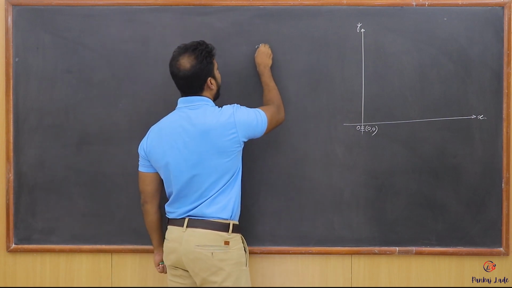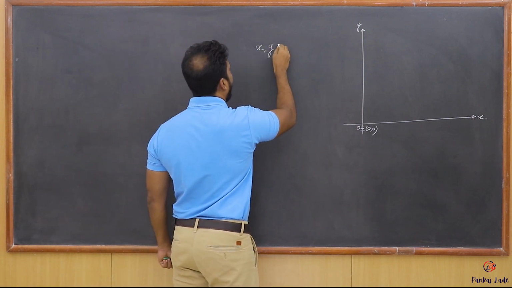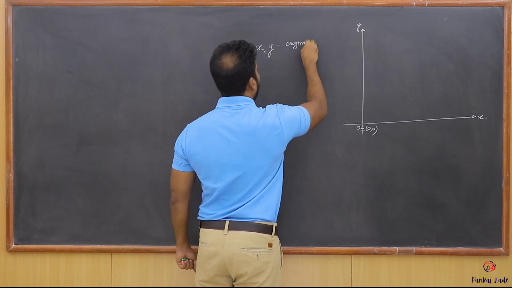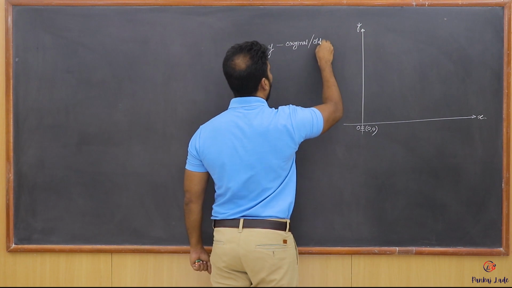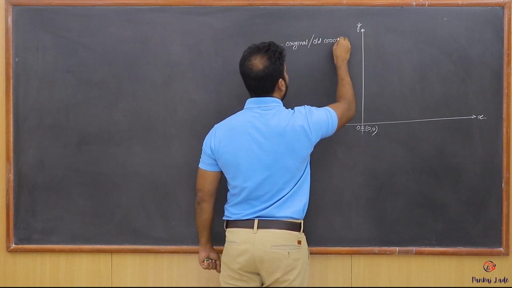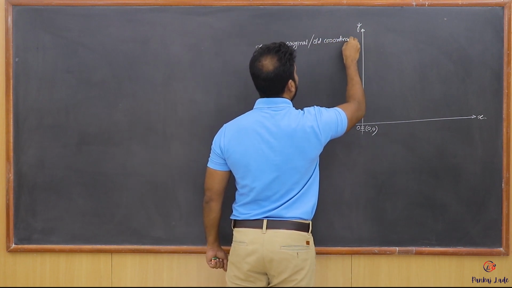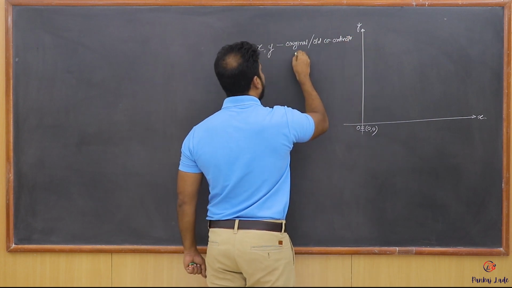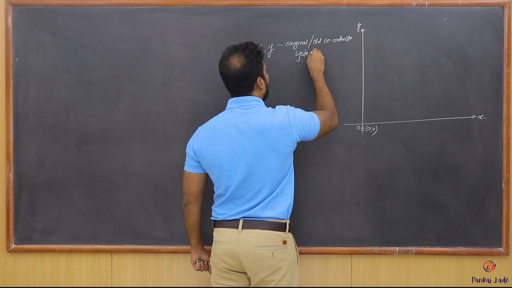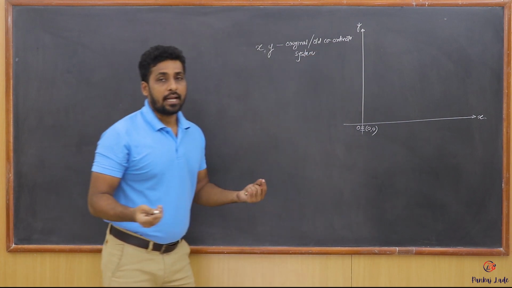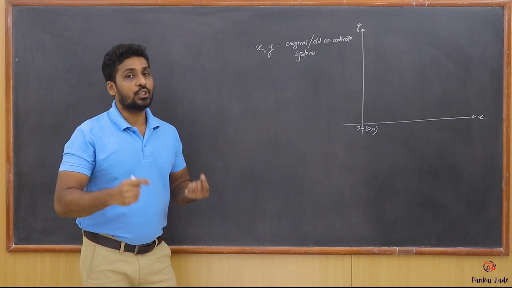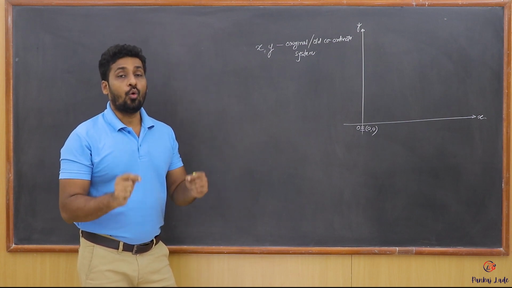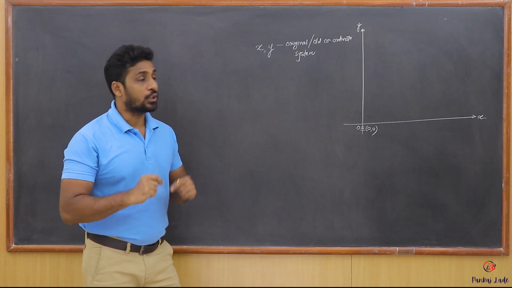So small x and small y, this is the original, or I can say the old, coordinate system. Now, let us take a point P whose coordinates can be taken as small x and small y. So here I am taking small x and small y as the original or old coordinates of a point.